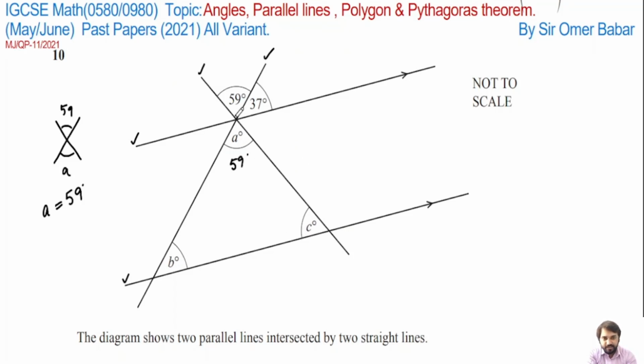Angle C can be calculated by using the Z-shape figure. This line is parallel, and this one is also parallel, and the joining line is this one. The alternate interior angles. If you know this angle, then you can easily find the angle of C.